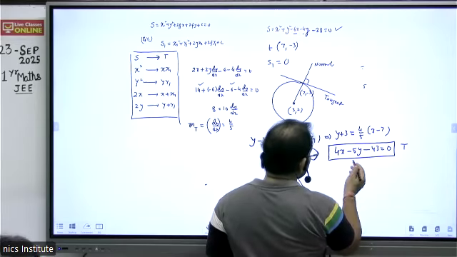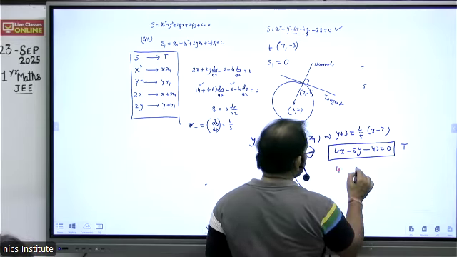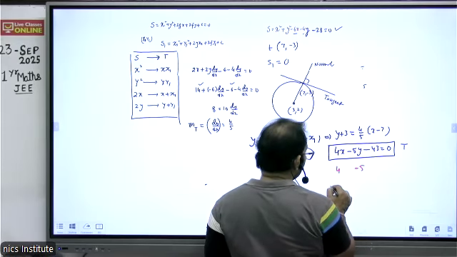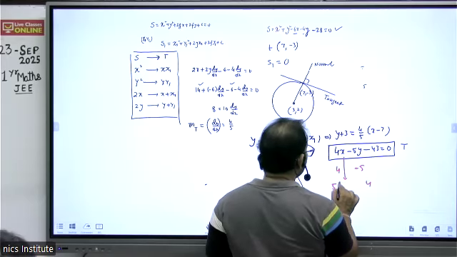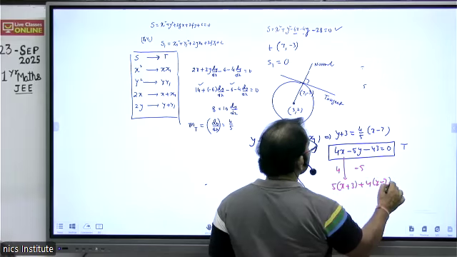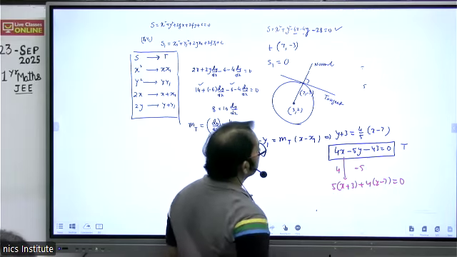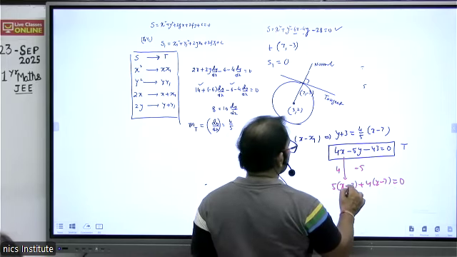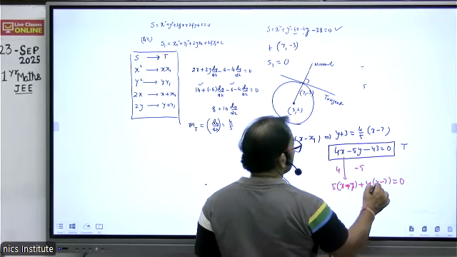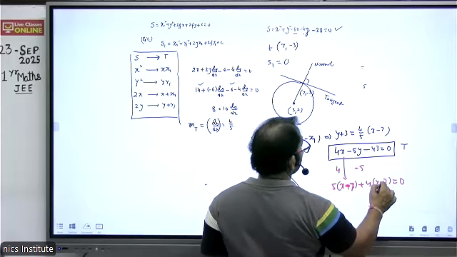Interchange the coefficients. इसका interchange, इसका 4 है, इसका -5 है. -5 को इधर लग के +5 कर दो. 4 को you write this side. Replace x by x minus x1. Replace y by y minus y1. अच्छा 7 था ना वो तो. y minus.